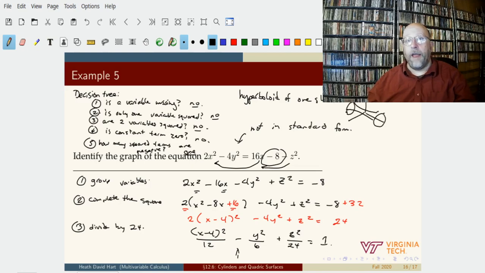And so it's going to kind of have this shape to it. If we want to graph it a little bit more carefully, we could plot some intercepts and try to get that shape narrowed down, but that's the general idea. It's going to be this hyperboloid of one sheet that curves inwards as the hyperbolas come inwards and then goes outwards towards infinity, but along the y direction. Okay?